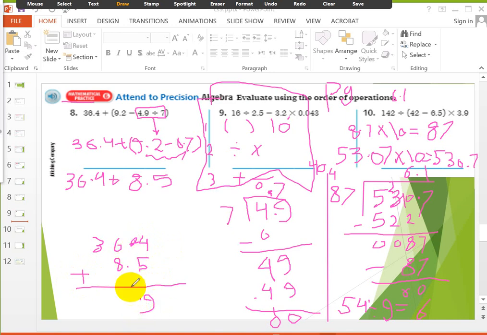I have to place the point under it. 6 plus 8 equals 14. So I put 4 here and 1 above the tens, and 4 in the tens. So the final answer is 44.9 tenths. This is how I have to do it and order the operations.